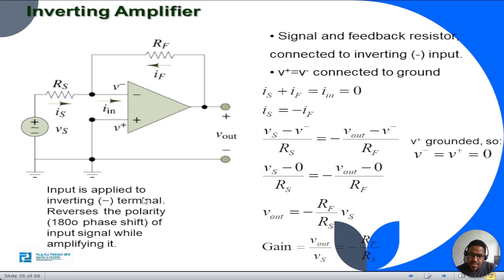Input is applied to the inverting terminal, which reverses the polarity, a 180-degree phase shift of the input signal, while amplifying it. So during the inverting amplifier, V non-inverting, the same as V inverting, is connected to ground.